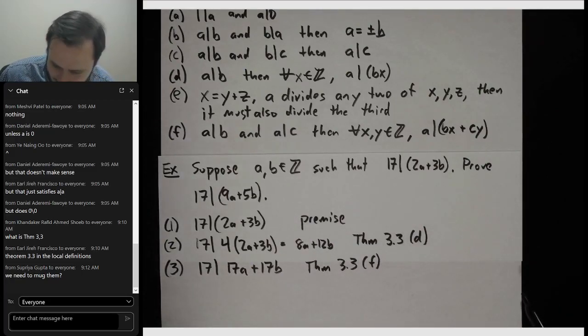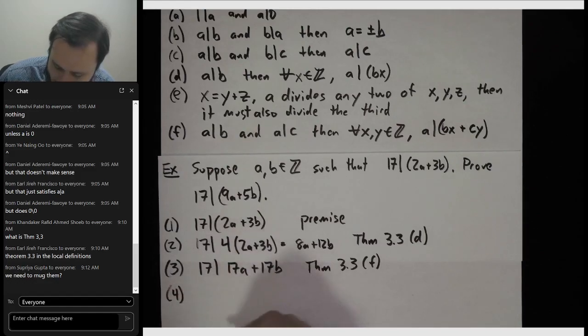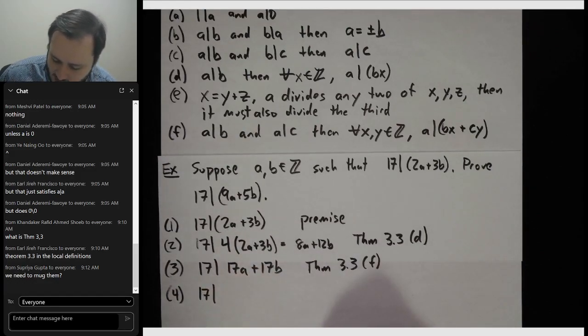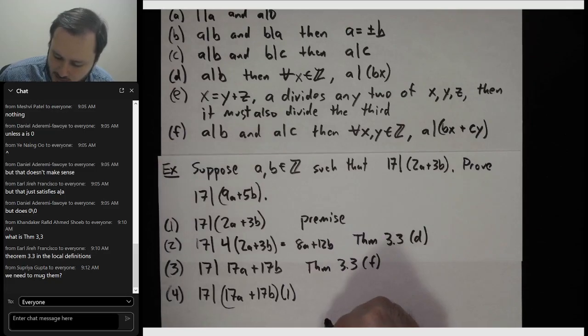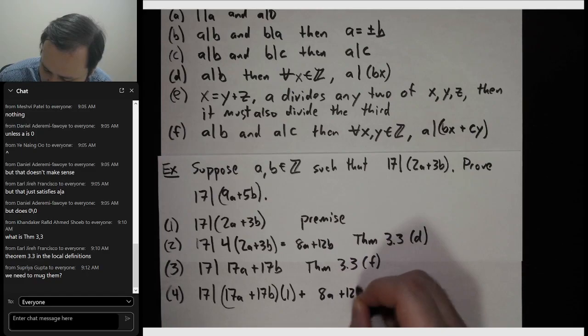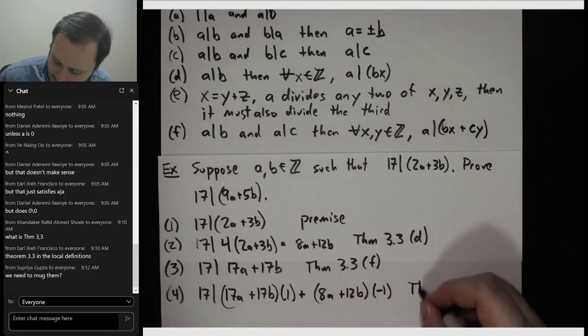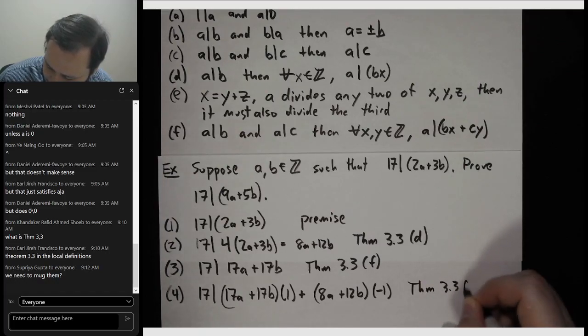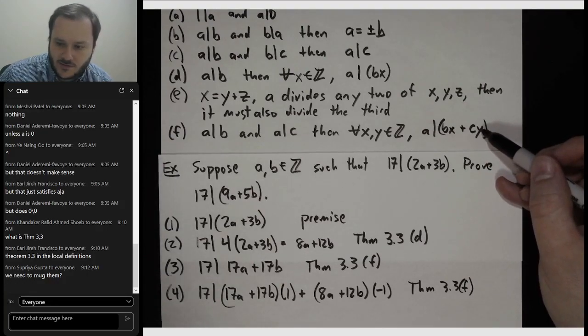And then, I'm going to use another tricky idea. I'm going to use theorem 3.3f again to say 17 divides 17a plus 17b times 1 plus 8a plus 12b times negative 1. I'm using 3.3f again.